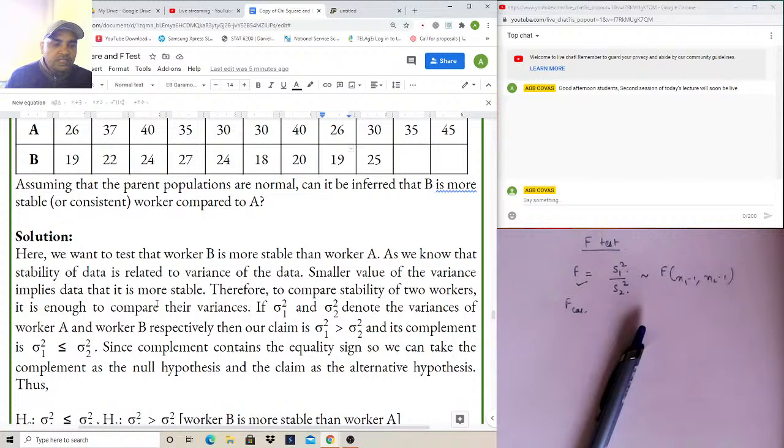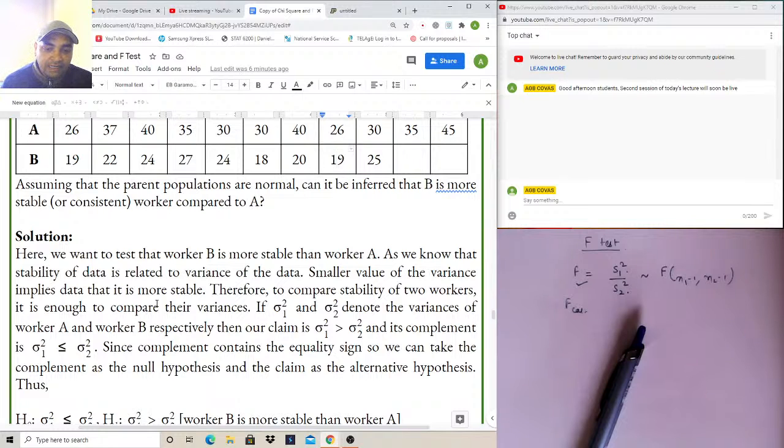As we know, the stability of data is related to the variance of the data, right? The smaller the value of variance, the more stable the data. If the variance is less in the data, then that data is more stable. If there is more variability, then the data is more unstable. Therefore, to compare the stability of two workers, it is enough to compare their variances, isn't it? If sigma 1 squared and sigma 2 squared denote the variances of worker A and worker B respectively, then what is our claim?